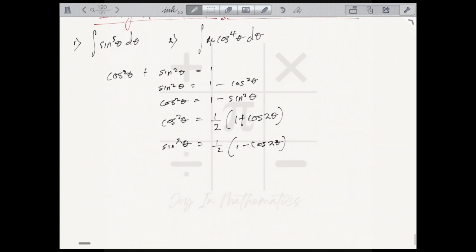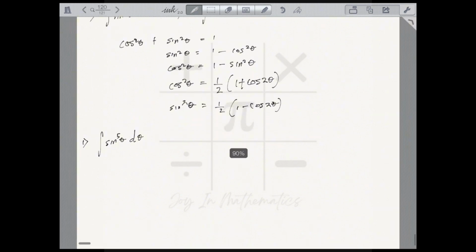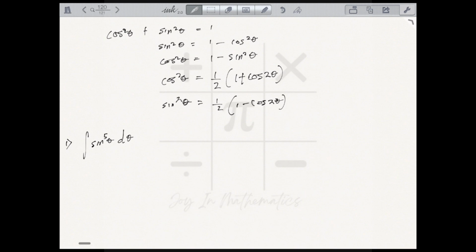It says, let us integrate sine raised to power 5 theta with respect to theta. Now, we know that sine raised to power 5 theta is equal to sine theta raised to power 5. And this can be simplified further to have sine theta raised to power 4, that is sine theta into sine squared theta all squared.